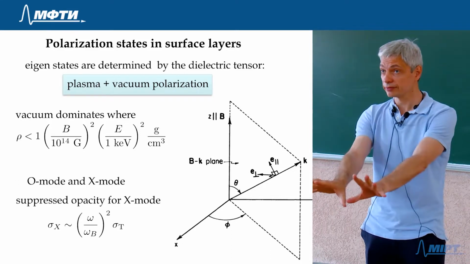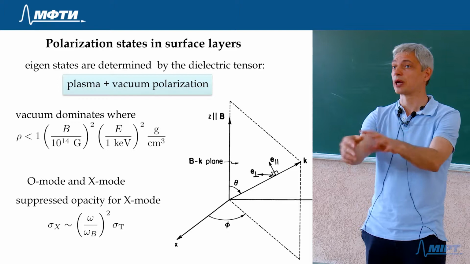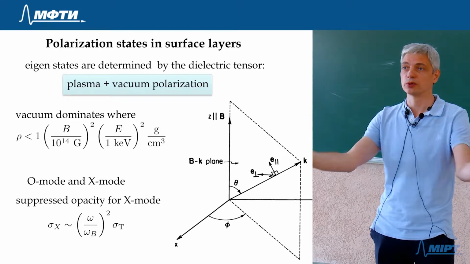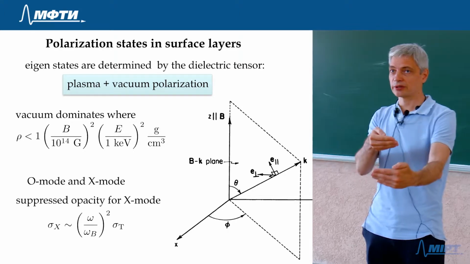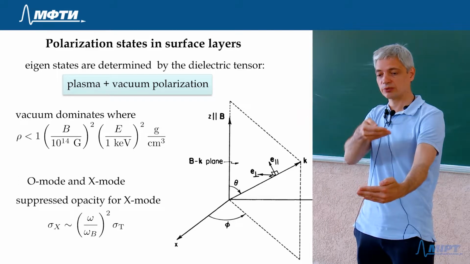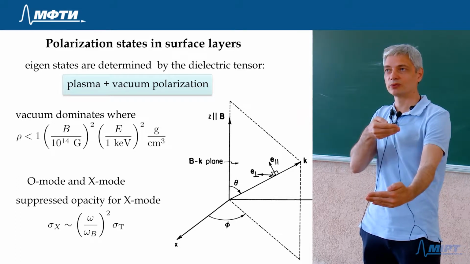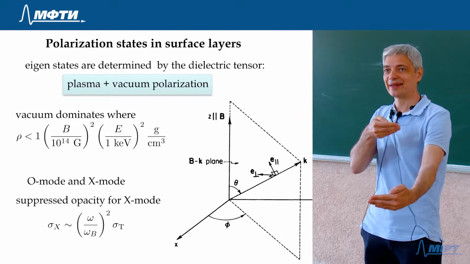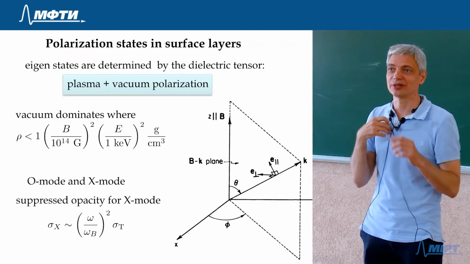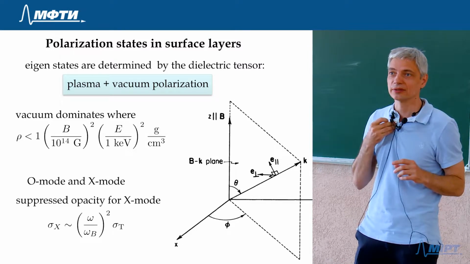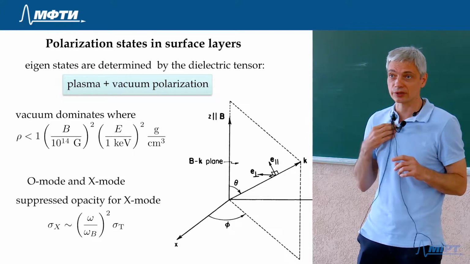Of course, deep enough, you have complete black-body equilibrium. You have both modes like normal. But I'm saying that the emission that you actually observe from the star will be dominated by one mode. Which one? The X mode. You can see that, right? Because the photon free path is much longer for the X mode.